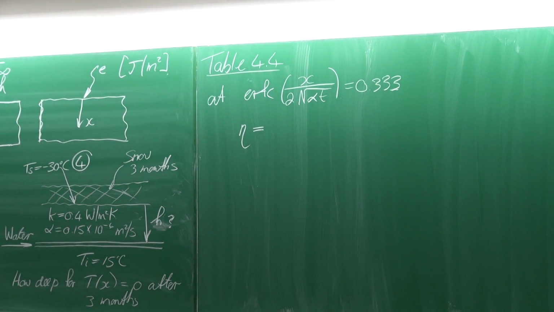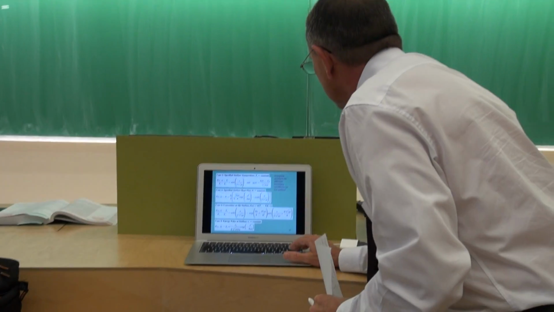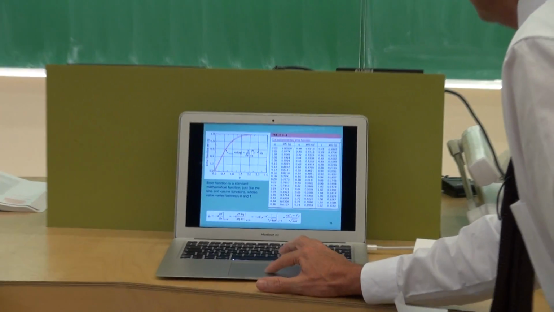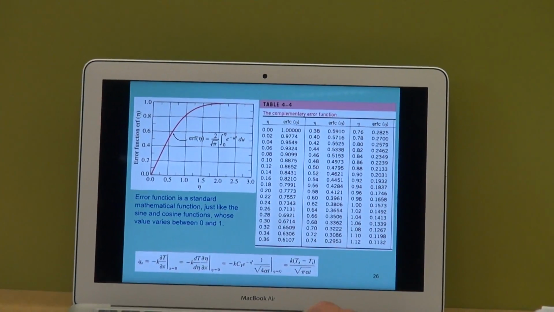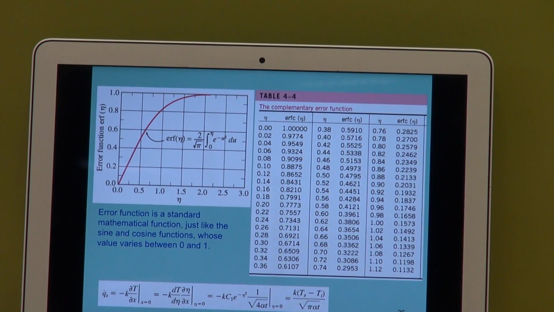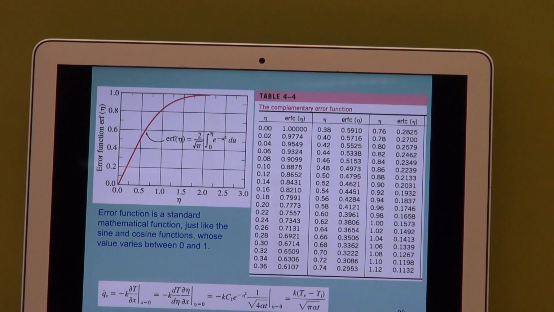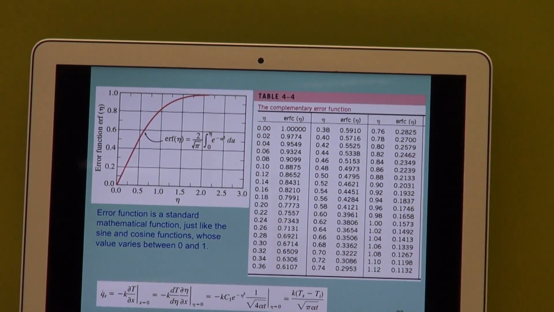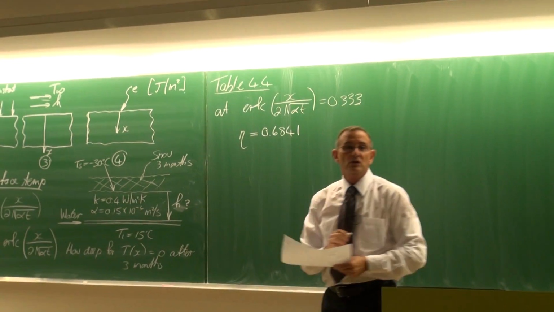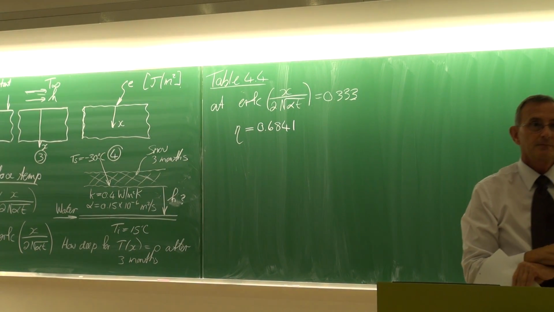For those of you who've got your textbooks here, take note, that is not for eta 0.33, it is for the complementary error function to be 0.33. And if you look at that, you will see it is where eta is equal to 0.6841, if you do a little bit of linear interpolation.